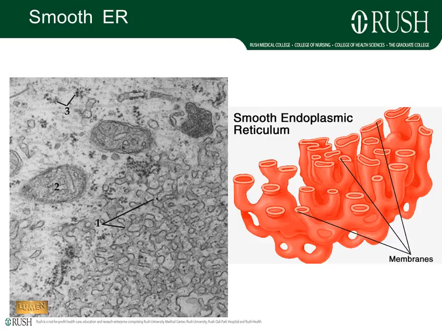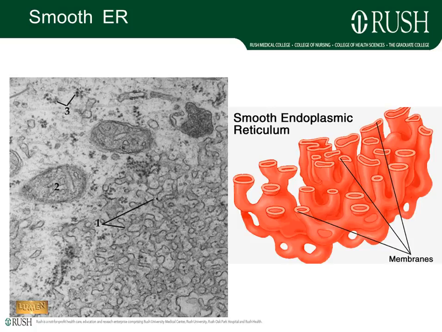So what does it look like? Well, like I said, it's a series of interconnecting tubes. You can see the model on the right shows you that interconnection, whereas the electron micrograph on the left just shows you a single plane of section of all of those disorganized looking tubular structures.